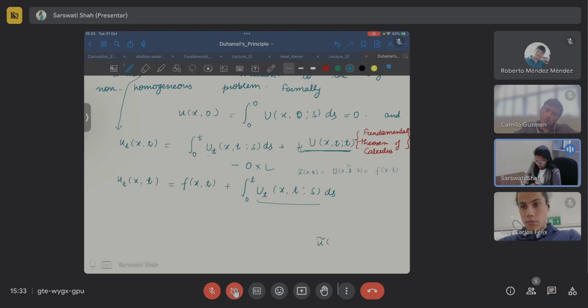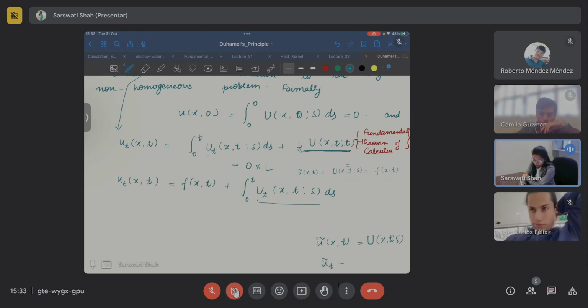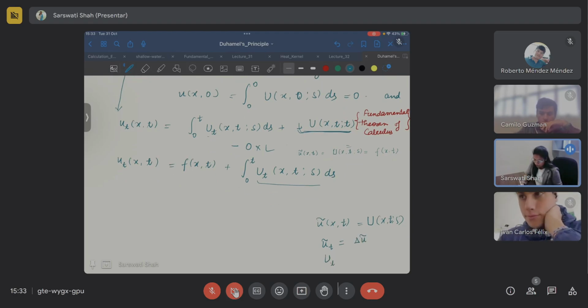This u tilde was capital U(x,t;s), isn't it? And we have the information that u tilde is the solution of the homogeneous heat equation, so u tilde_t is equal to the Laplacian of u tilde. So can we say that capital U_t is the Laplacian of capital U? Because both are the same, can we replace it with the Laplacian?